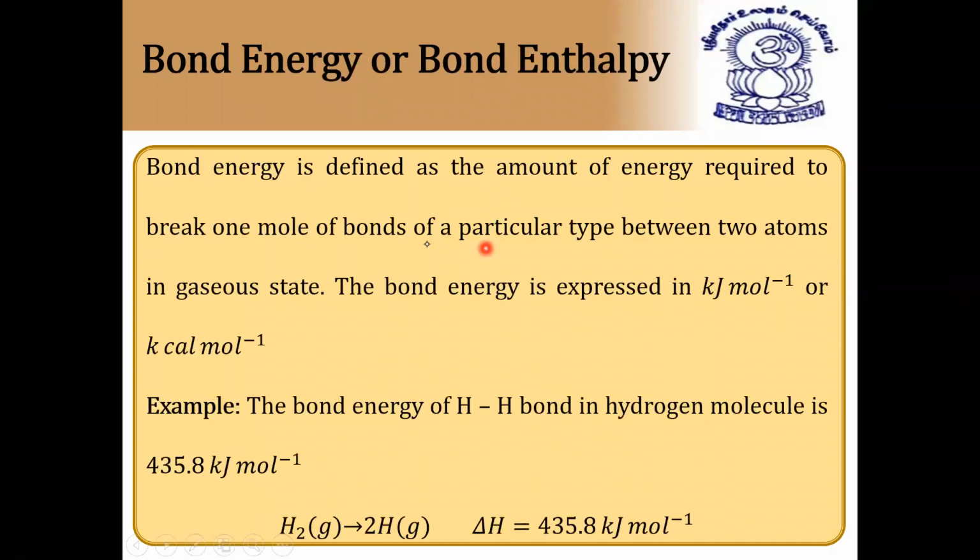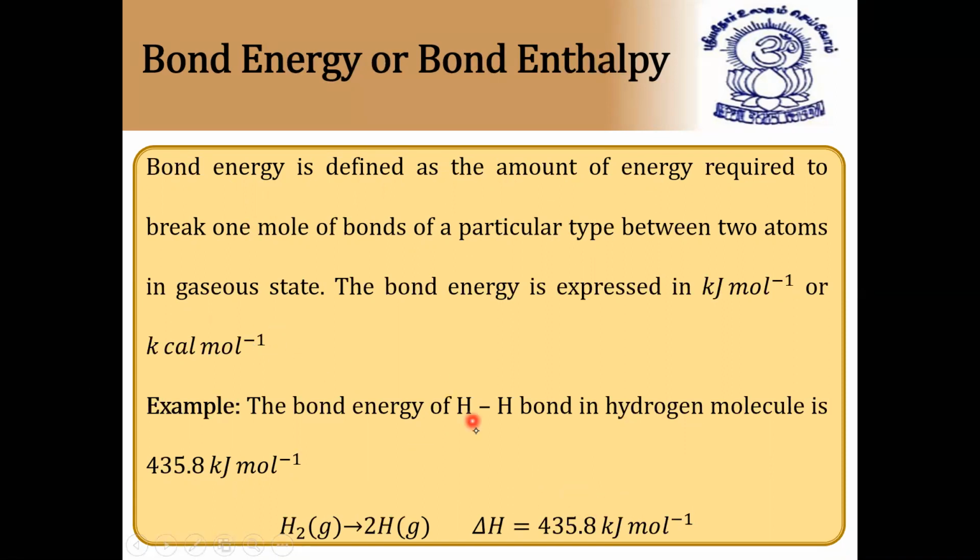Next we have bond energy. What is bond energy? It is the amount of energy required to break 1 mole of bonds of a particular type between two atoms in the gaseous state. For example, if you want to break the bond between hydrogen and hydrogen, so that hydrogen molecules change into gaseous hydrogen atoms, how much energy do we need to give? 435.8 kilojoules per mole.